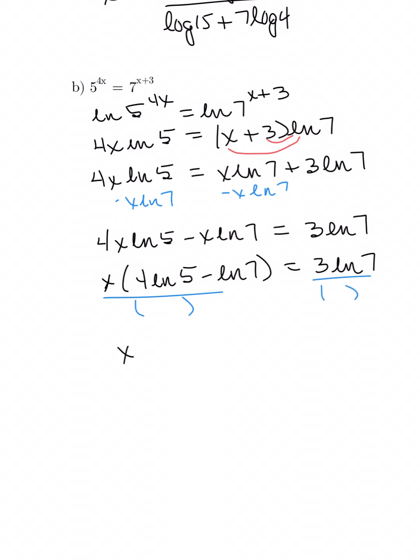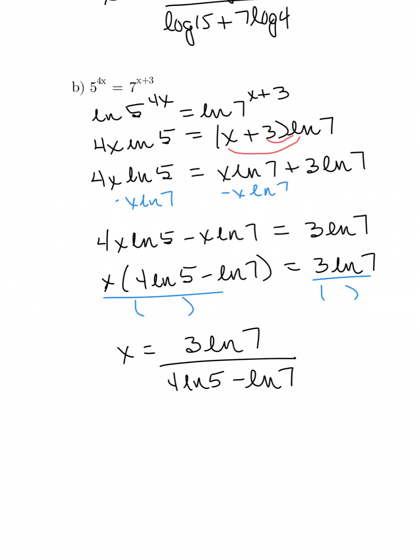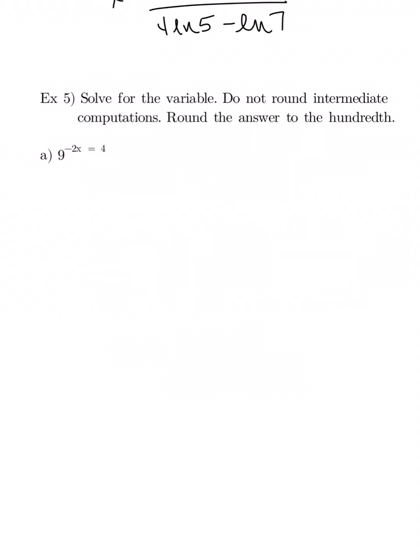We get x equals 3 natural log of 7 divided by the quantity of 4 natural log of 5 minus natural log of 7. This is the exact answer, so we stop there.